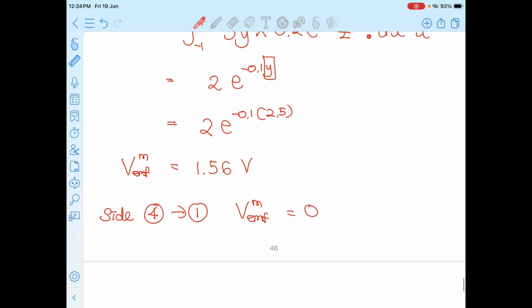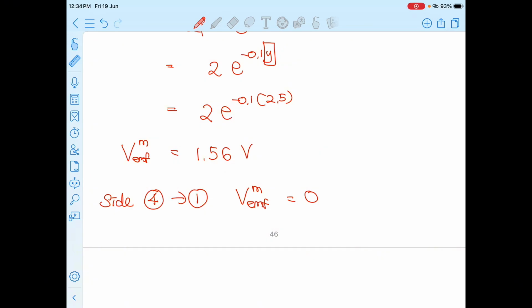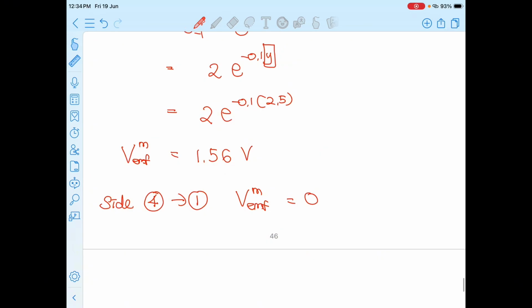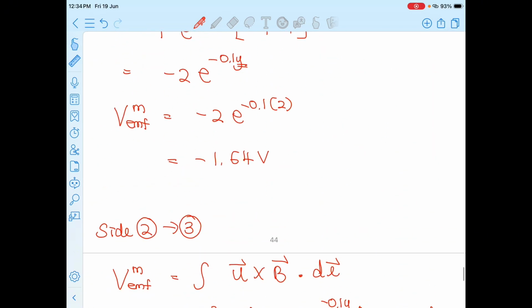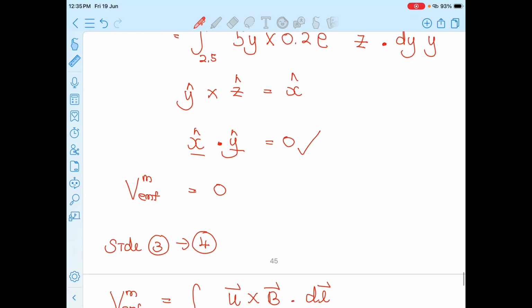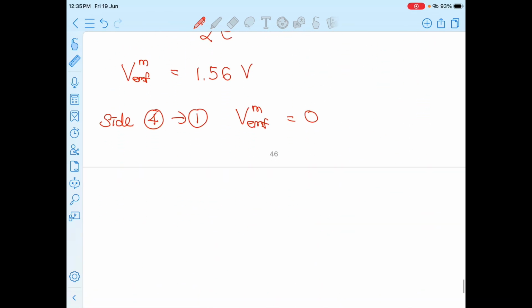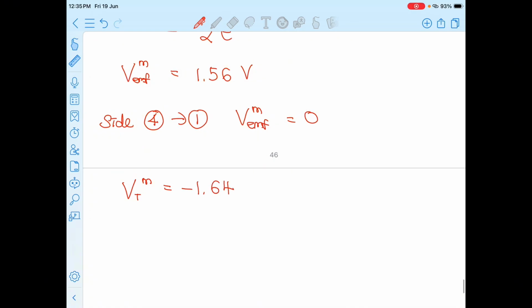Now we have to sum them up. Our total motional EMF will be -1.64 plus 1.56, which equals -0.08 volt.